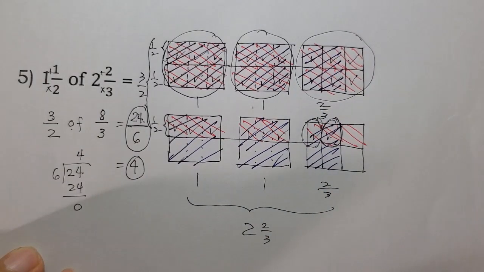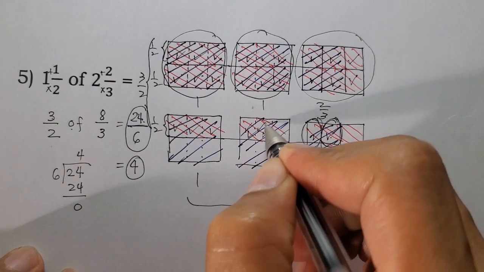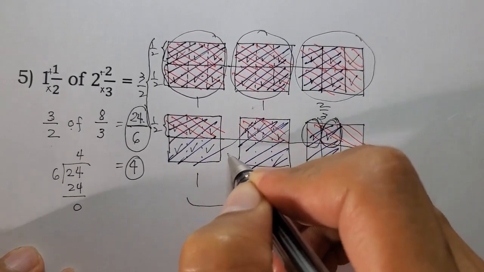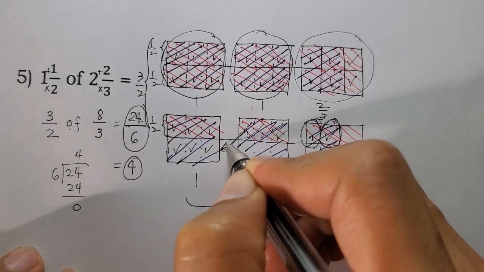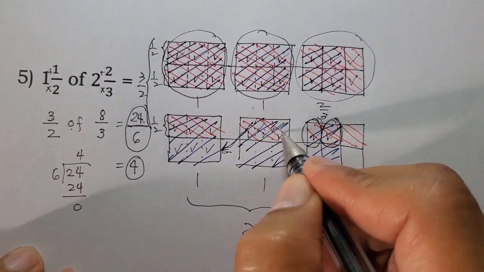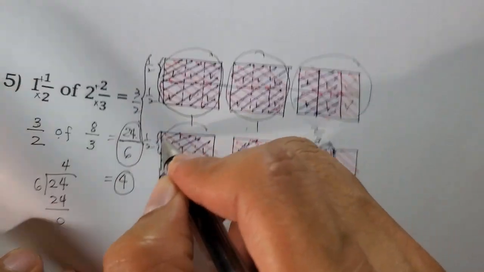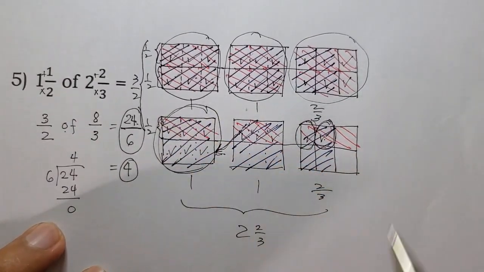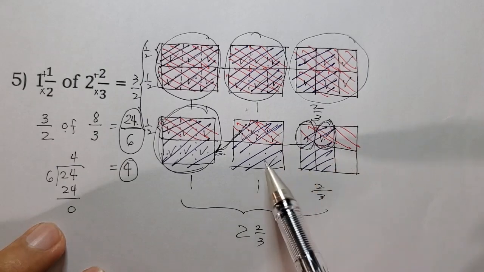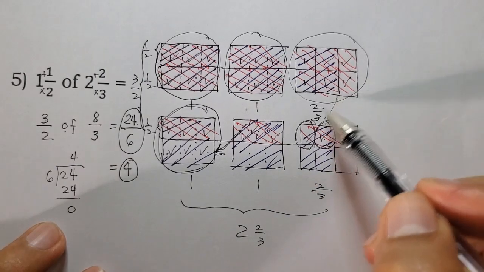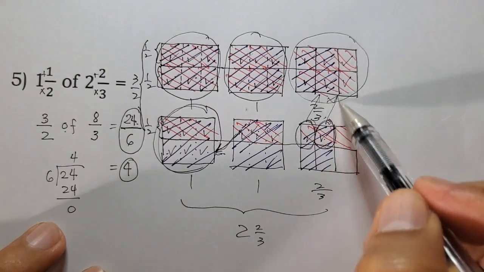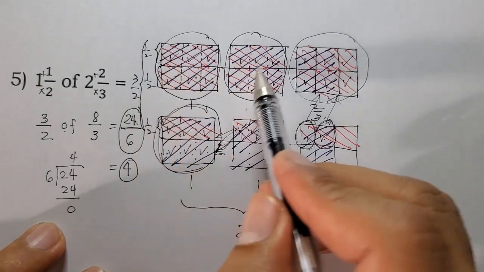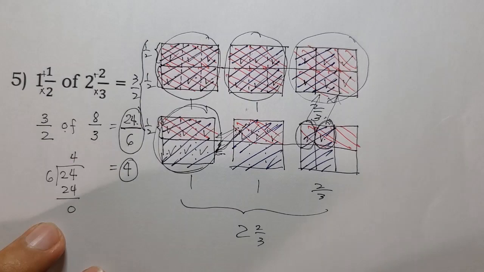And of course, if you will transfer this 3 here, 1, 2, 3, you will transfer them here. Okay? If you will just transfer this 1, 2, 3 here, 1, 2, 3, that will make another one whole. Therefore, all of this will be shaded only once because you already transferred it here and you already transferred the 3 here. So therefore, you have 1, 2, 3, 4 wholes.